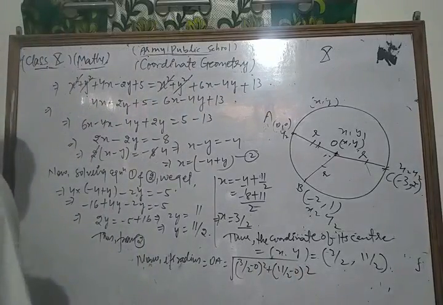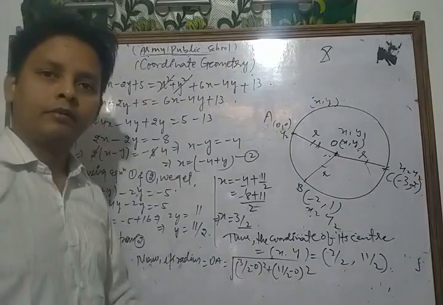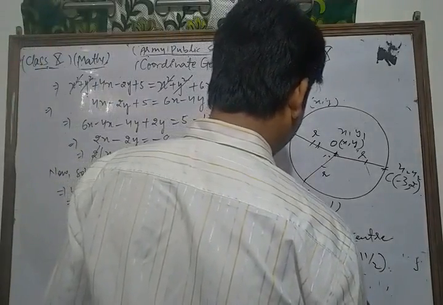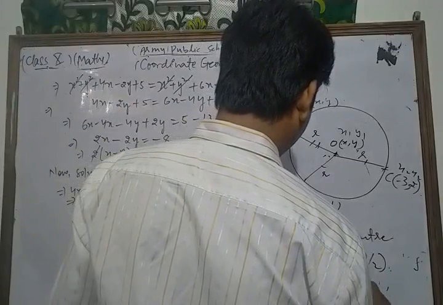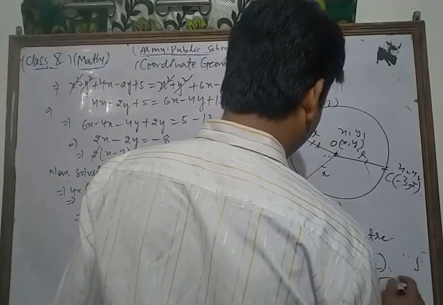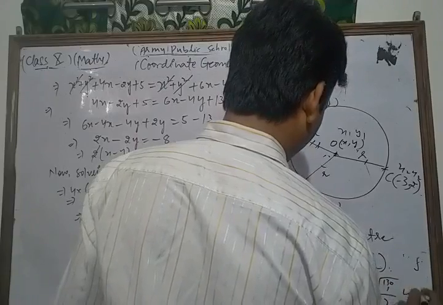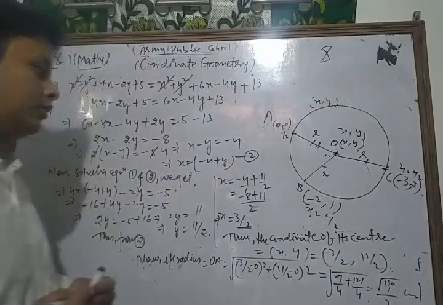Using that concept you can find the radius. This is under root 9 by 4 plus 121 by 4, which is under root 130 upon 2 unit. So this is the required solution of the given question.